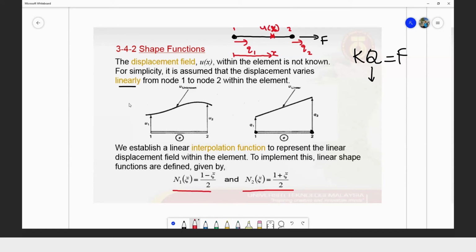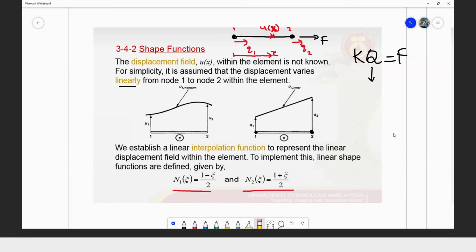Untuk linear interpolation, we only have two values of N. If we consider our structure varies in cubic shape or polynomial, then we may have another terms lah, N3. So that's why we are not going to consider this in our course.